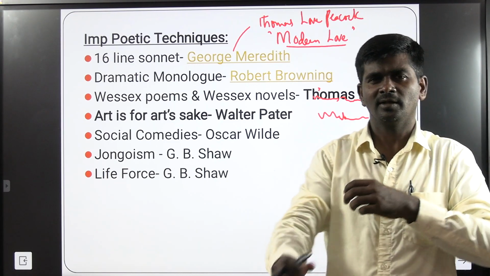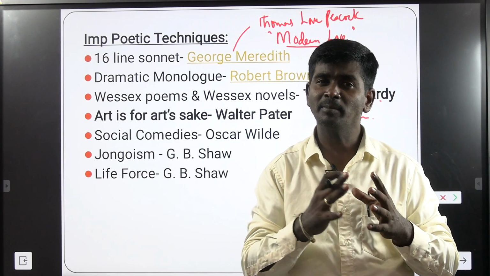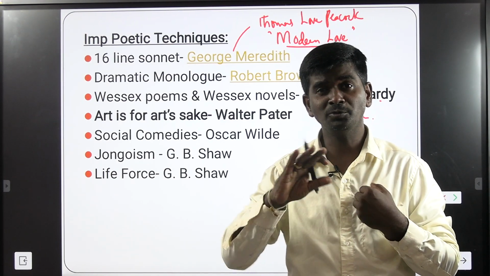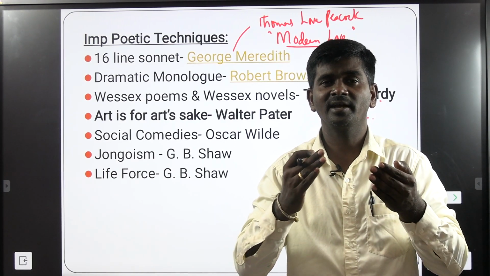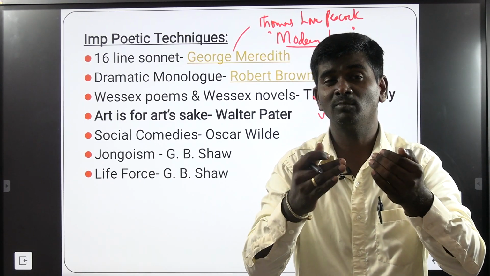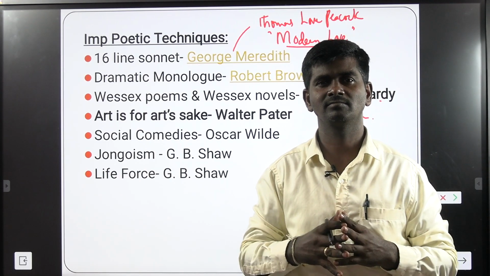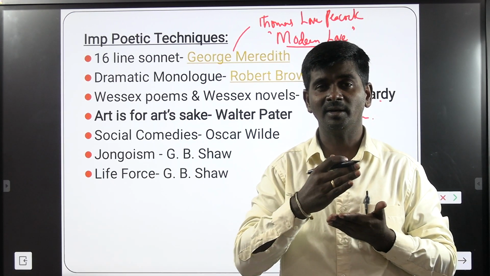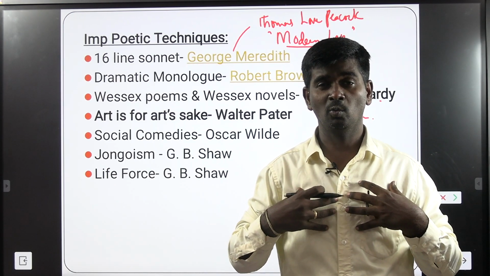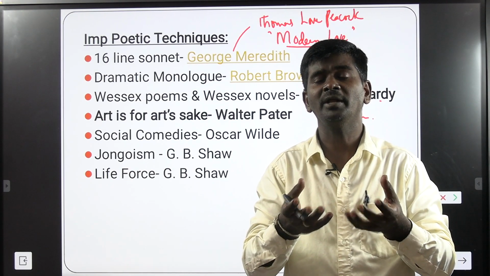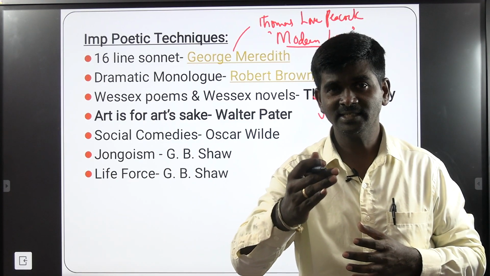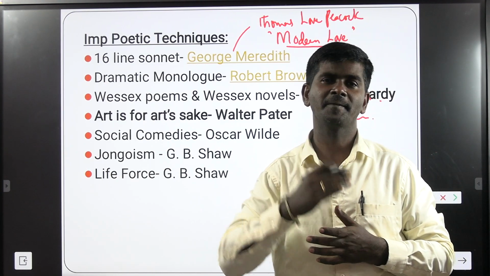Dramatic monologue. The dramatic monologue is a type of poem in which a speaker who is not the poet speaks and interacts with one or more other people, one or more listeners or audience. It is one to many people, but the listeners or audience do not give any reply.